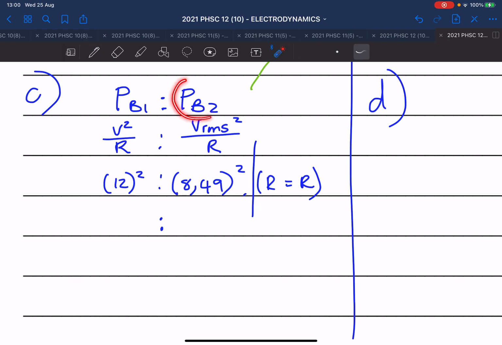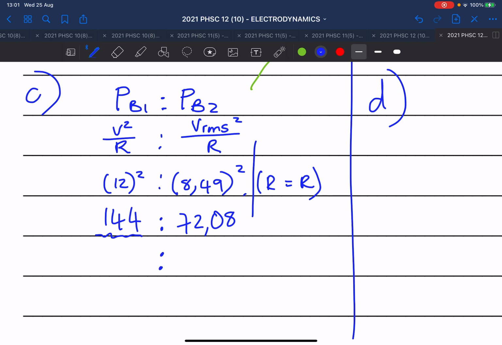So we're comparing the powers. Jivandre, what you got for the first one? B1? No, not the ratio just yet. I just want, if you type that into your calculator, what do you get? And the other one? 72.0.